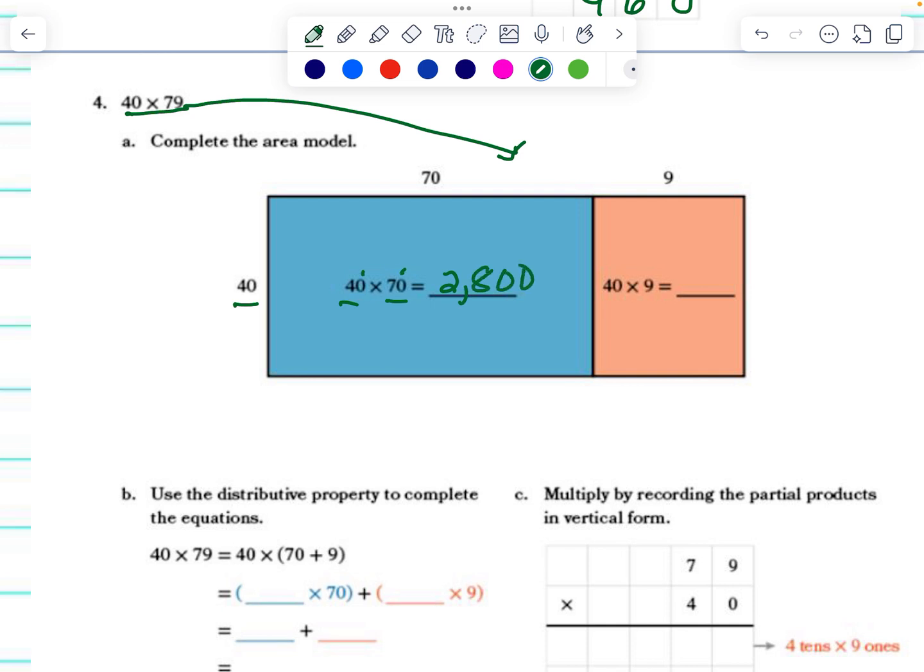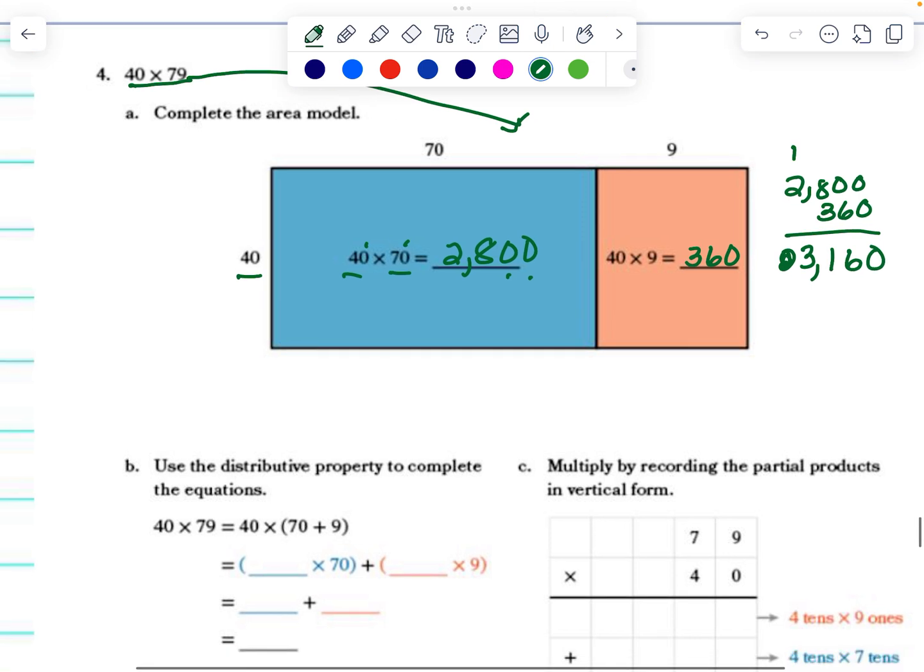And 40 times 9 is 360. Then I would take the 2 and add them together. And our answer would be 3,100.